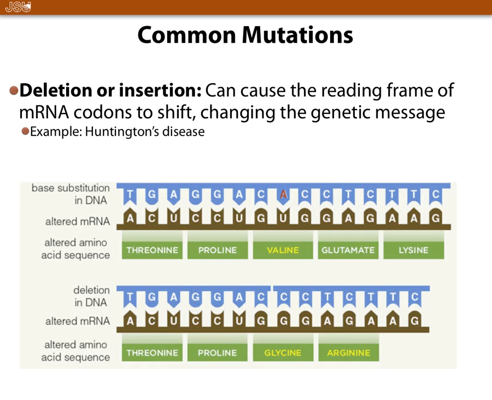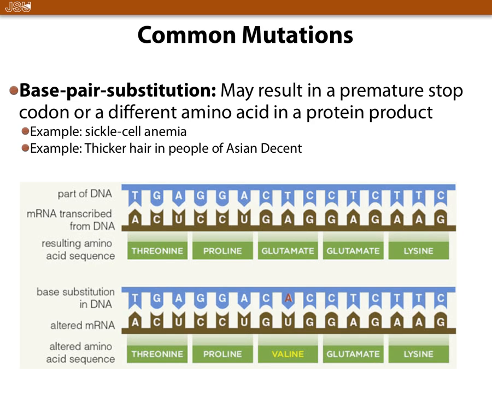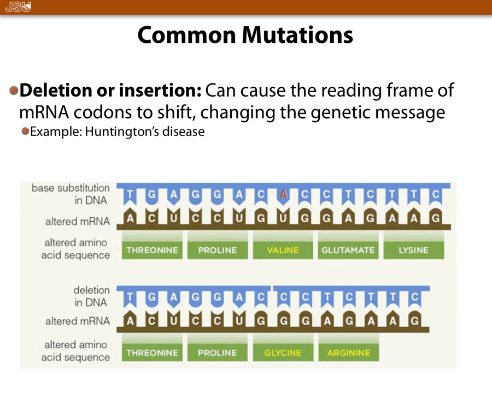You are taking out a base, or you are adding a base. And that adding or deleting changes everything past that insertion or deletion, because the triplet of bases that's encountered past that change is all different. Okay, so just know what a base pair substitution is and a deletion or insertion.